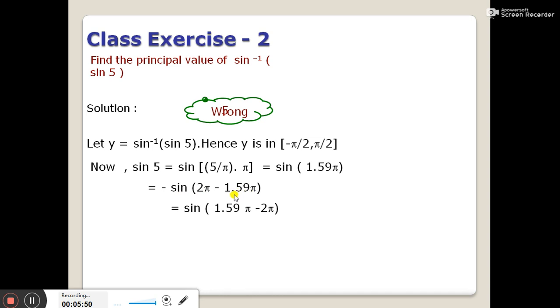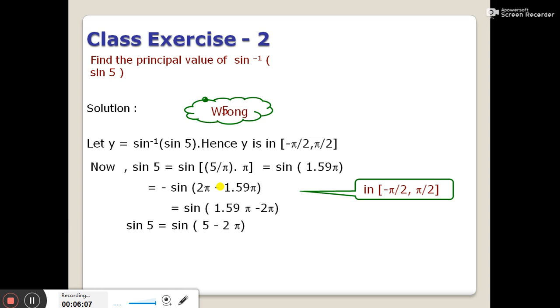So we can write 1.59 pi minus 2 pi, because this value lies between minus pi by 2 and pi by 2. It means sine inverse sine 5 we can write as 5 minus 2 pi, and therefore its value is 5 minus 2 pi. Is it clear?